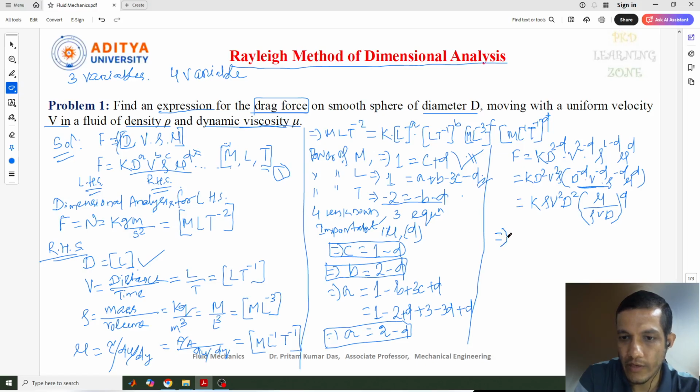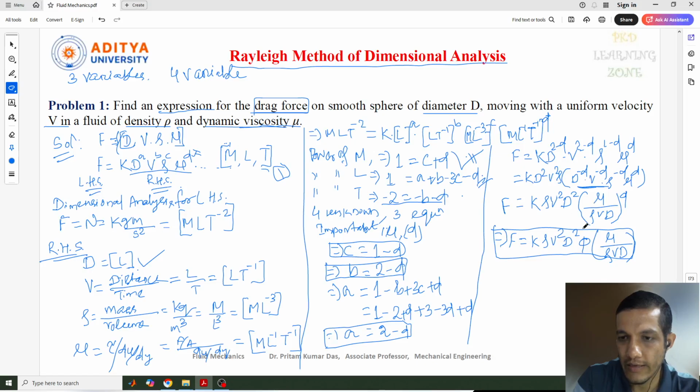So the expression for the drag force F equals K into rho V square D square, and the term to the power D we can convert in terms of pi, writing mu divided by rho V D. Or else we can keep it in this way also.